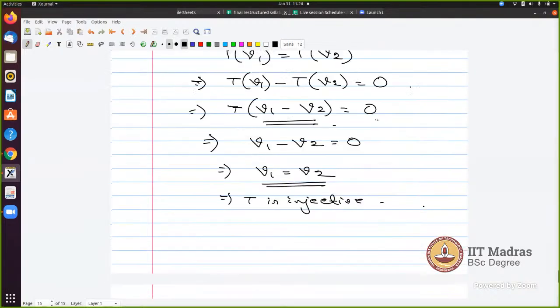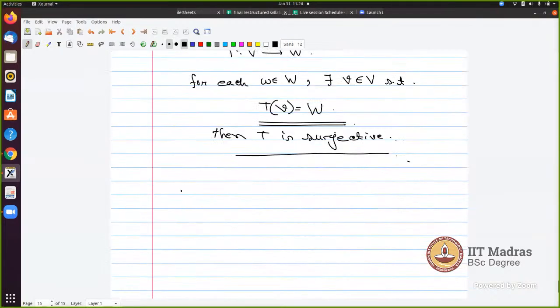Let me go a little bit further. We will define the kernel of T. Kernel of T means all those vectors in V such that T(v) equals 0. This is called the kernel of T or the null space of T. Sir, can you repeat again? This is new for me. Both are the same. Null space of T and kernel of T are the same. That is basically the set of all vectors in V which are going to 0.